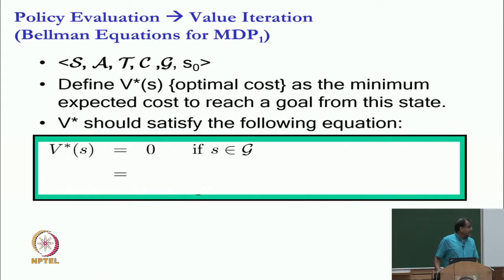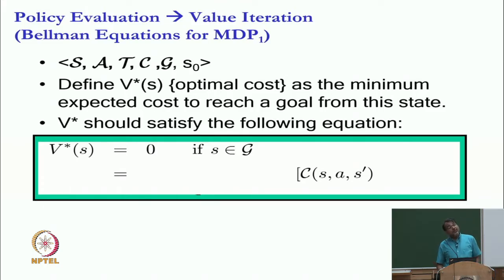If I take action A in state S, where would I reach? Some state S prime. If I reach some state S prime, how much cost do I pay right away? C of S, A, S prime. This is what I pay right away.